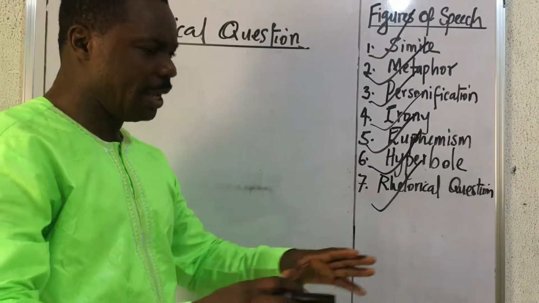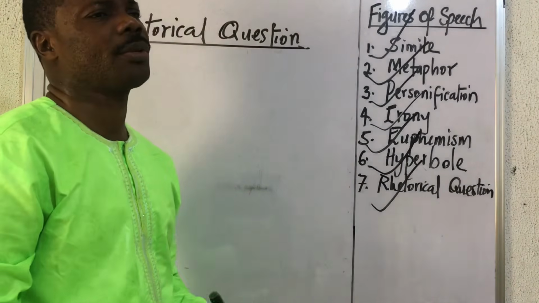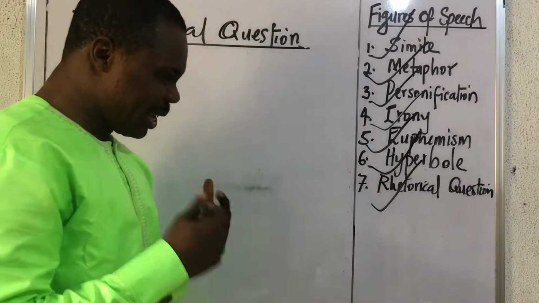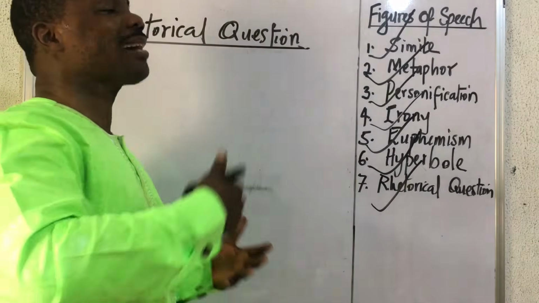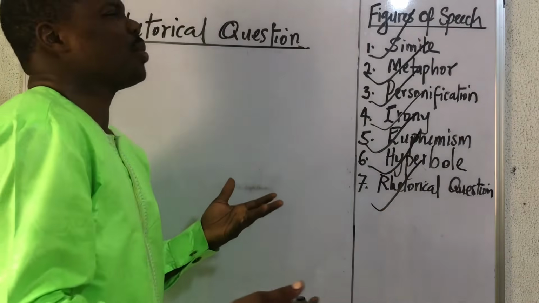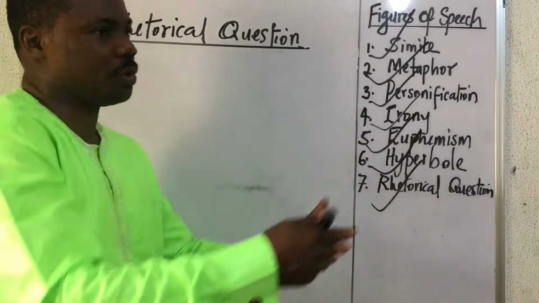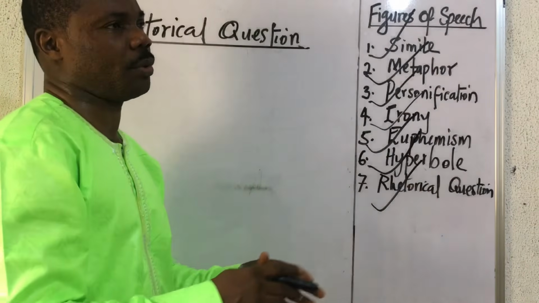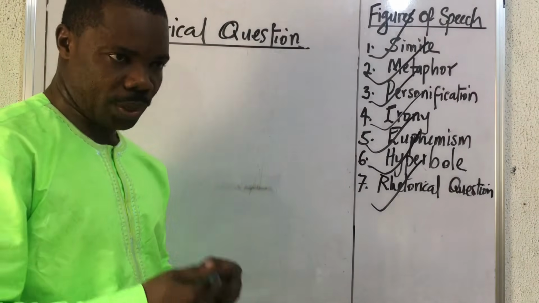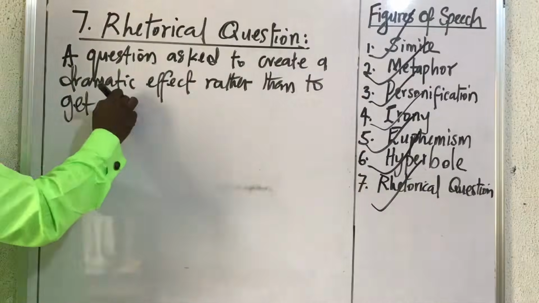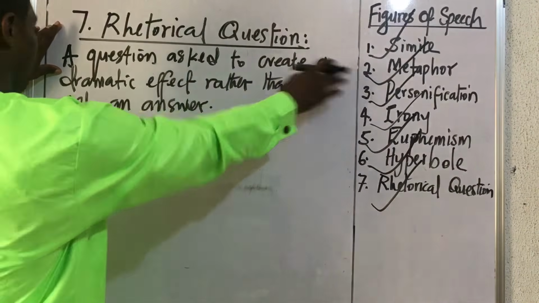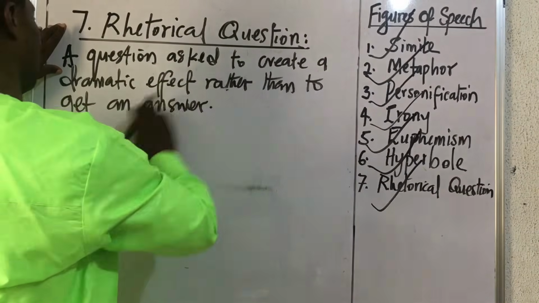Okay, they appear like normal questions. When you see them, you will easily recognize them, because if you are asked such questions, there's no way you will be disposed to answering or responding to them. So those types of questions, we call rhetorical questions. A question asked to create a dramatic effect rather than to get an answer.